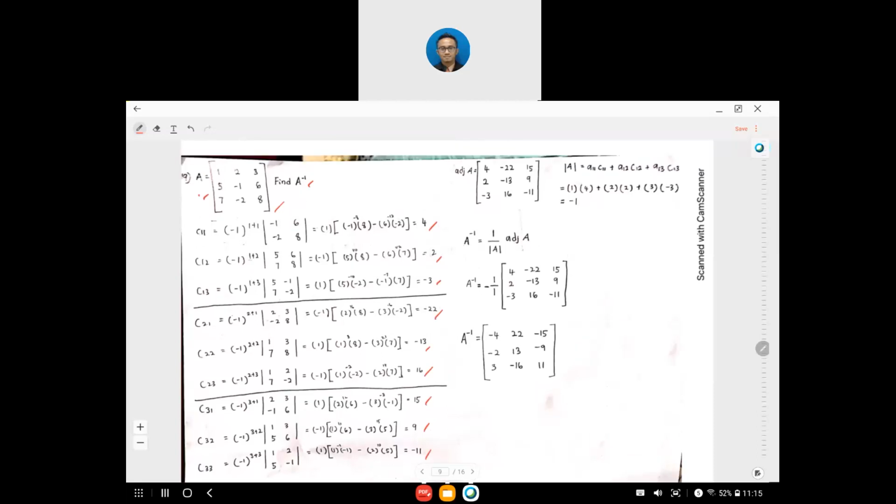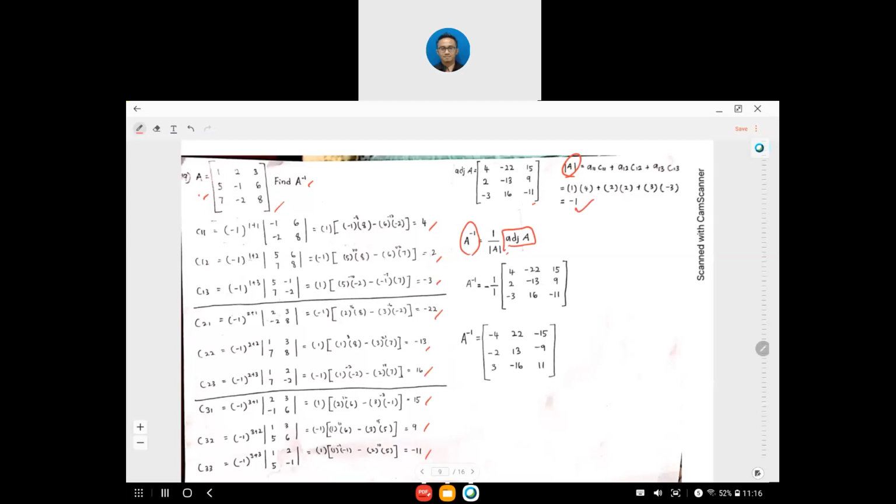And then find the determinant. So you can get determinant equal to negative 1 here. A inverse equals 1 over determinant times adjoint of matrix A. So adjoint is the transpose of the cofactor. Okay, cofactor transpose.